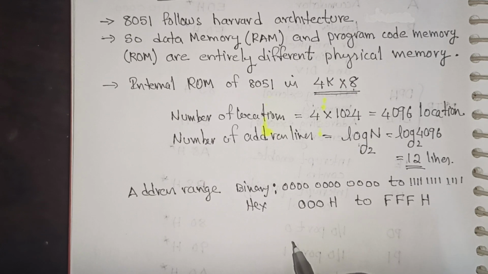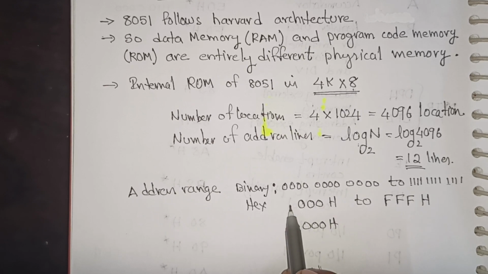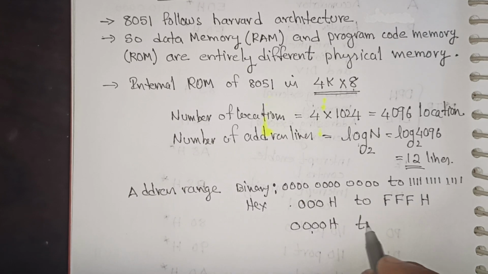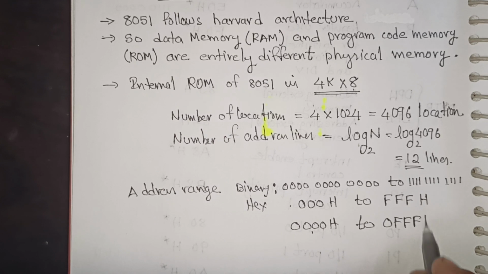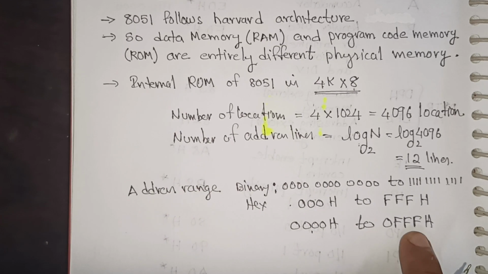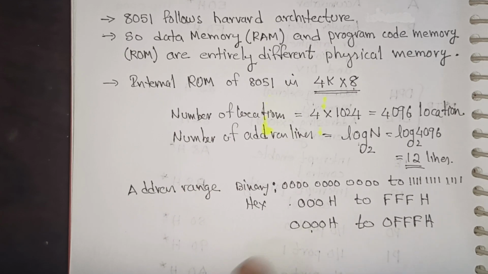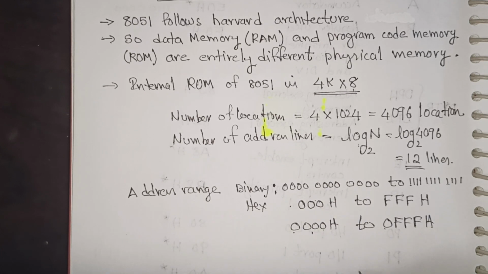In a textbook, this is often written as 0000H to 0FFFH. Actually, putting a 0 on the MSB side will not make any difference. This address is the same as this address. Now if we expand this address, we will get 16 bits, because for this 0 also we will get 4 zeros.